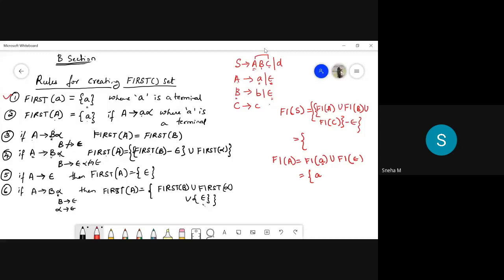First of epsilon is epsilon only. Or you can go with the fifth rule and write it directly. Since it is minus epsilon for the first set of S, only A has to be considered in the set for first of S. Still, it is not complete because first of B is also required. So first of B is, take this production. Ma'am, why did we do minus epsilon in the above one? Because of the fourth rule.